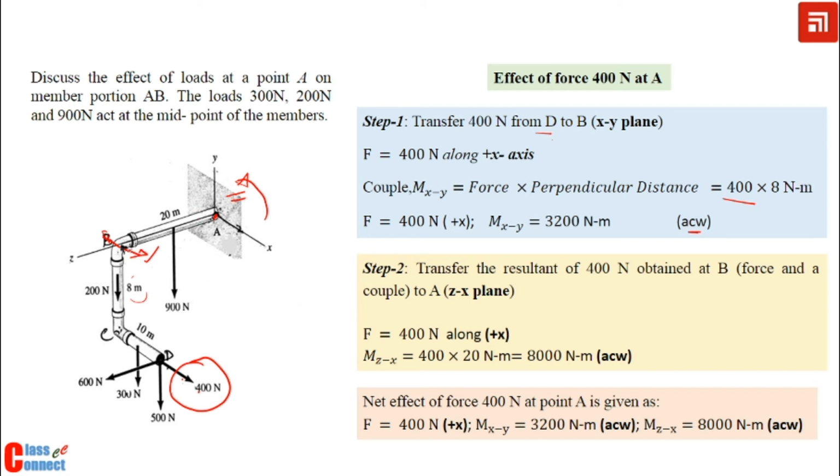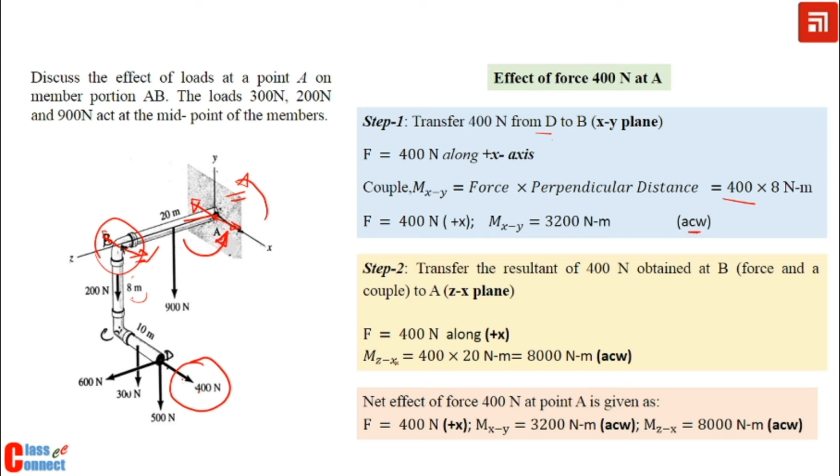Now step 2, we have to transfer this system of forces from this point to this point. The couple is not distance dependent, so the same couple will be transferred here, 400 Newton into 8 meter. And then this force of 400 Newton, when we shift it here, will be shifted with another couple that is in the xz plane, and the direction is like this.